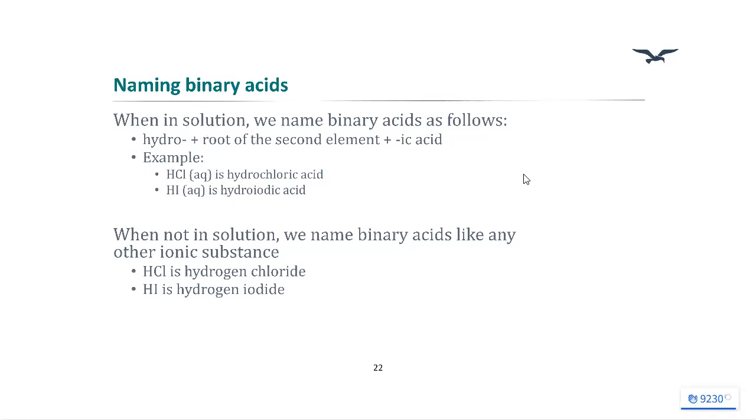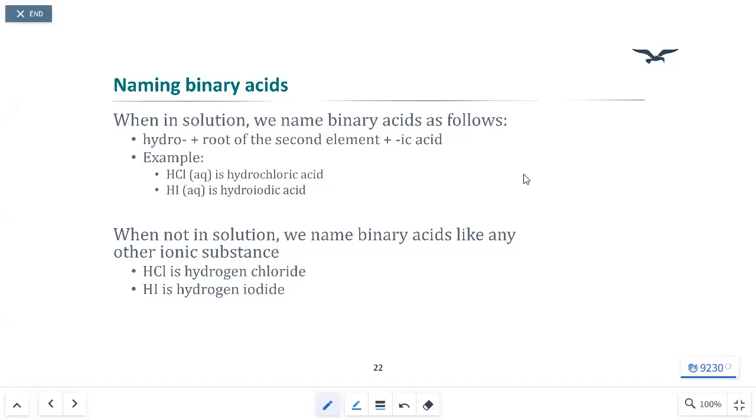Now for binary acids, we have a very strict formula that we follow. It's hydro, blank, ic acid. What goes in that blank is basically the root of whatever it is that's attached to the hydrogen. So if it's chlorine, hydrochloric acid. If it's bromine, hydrobromic acid.